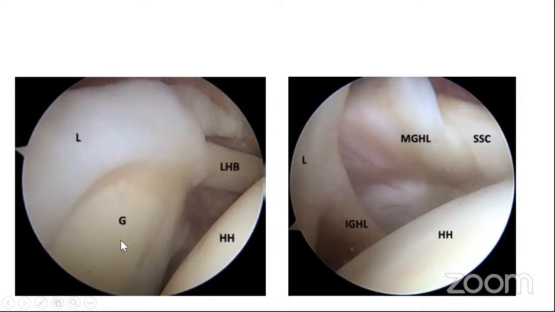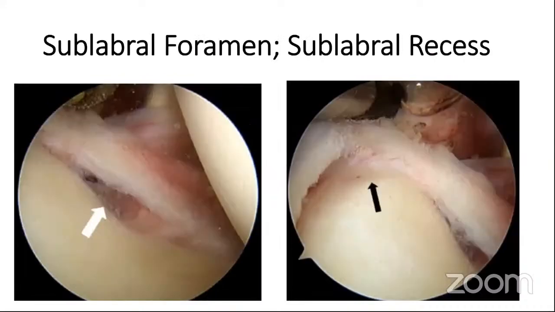This is the head, and of course this is the glenoid, and this is the labrum there. You also dwell significantly on the glenohumeral ligaments, the inferior, the middle, as well as the superior. These are very important things that one needs to have a clear vision of while in the joint, because we're talking about arthroscopic anatomy.